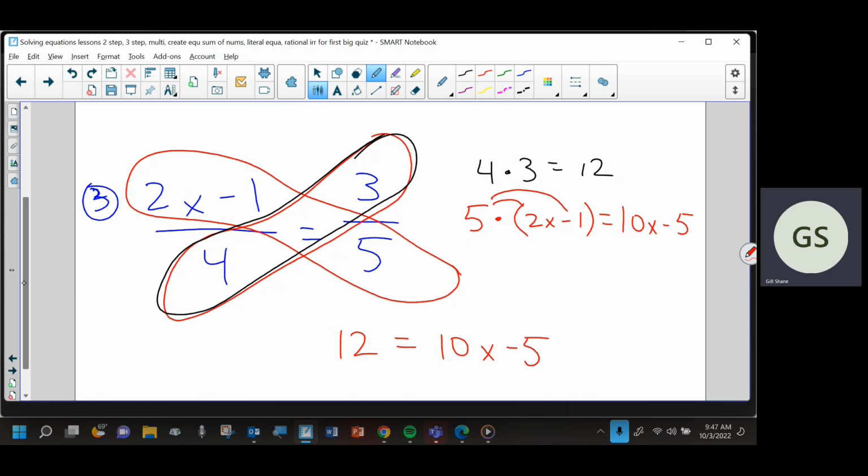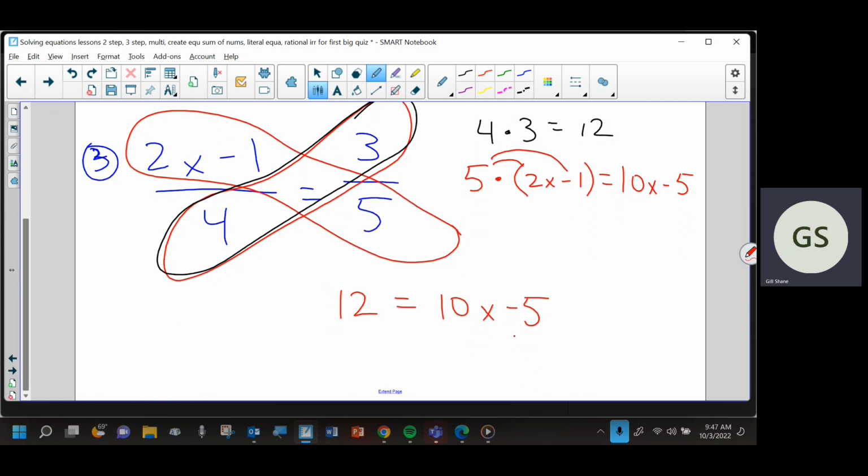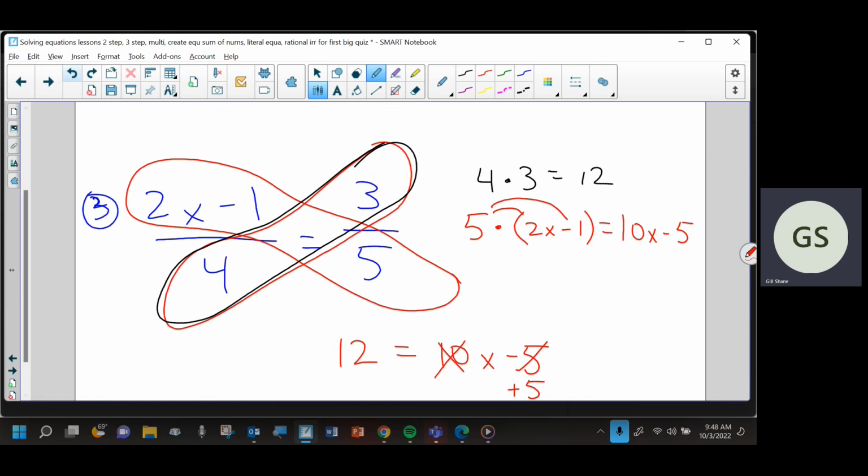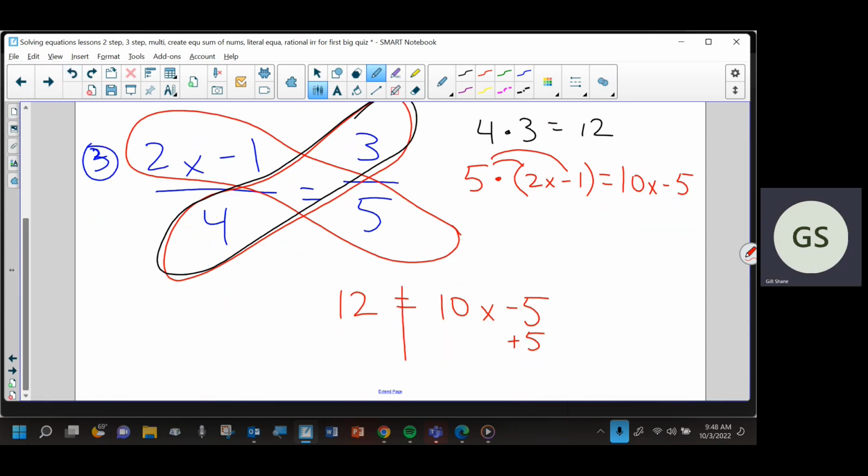Now it's just a two-step equation. We always start farther away from the variable, and our goal is to get the x by itself. So I want to get rid of the 10. I want to get rid of the -5. Well, I always start farthest away from the variable, which is the -5 part, the subtract 5. So once I do that on the right side, I have to do the same exact thing on the left side.